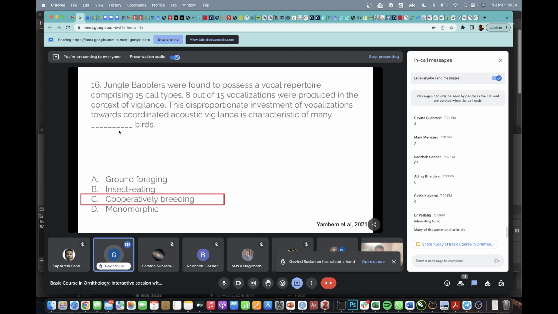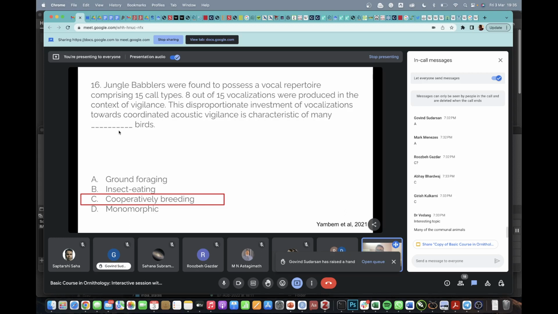Sir, how does cooperative breeding have anything to do with vigilance? Cooperative breeders are usually group living birds, and like most of these group living birds or animals, meerkat is a mammal, they all have to have some kind of communication.